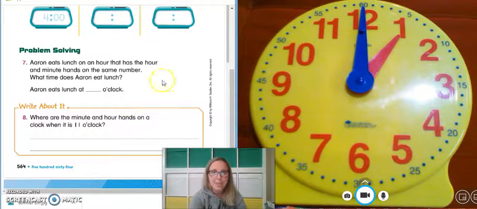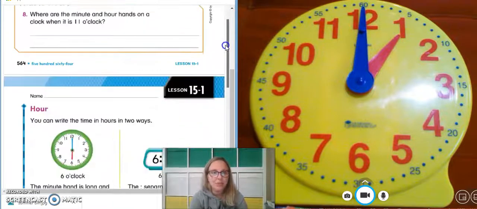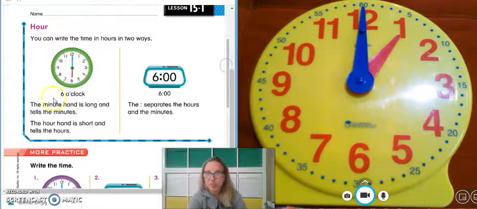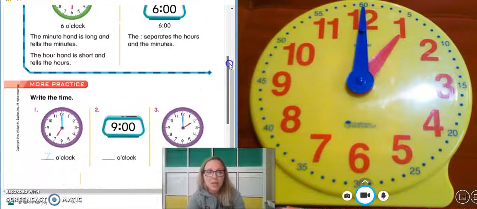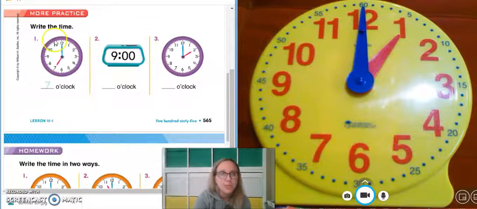Okay? All right, now if you go to the top of the next page, this is just another review here on what 6 o'clock looks like on an analog and a digital clock. I want you to go through for these 3 and write down, this one they've done for you is 7 o'clock. You can write the time for 2 and 3.